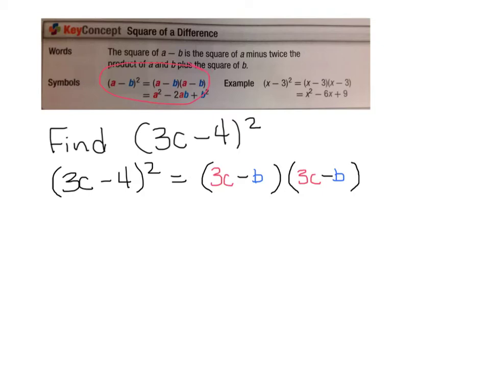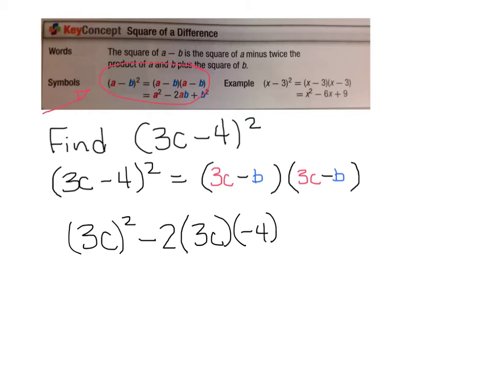Okay, students, this is very similar to the square of a sum. Take a look here at our key concept. What we're going to do is square the first term, so we'll have 3c squared. Then multiply times minus, or negative, 2, the first and second terms, 3c, and we have a negative 4, or minus 4. And then the last term squared.